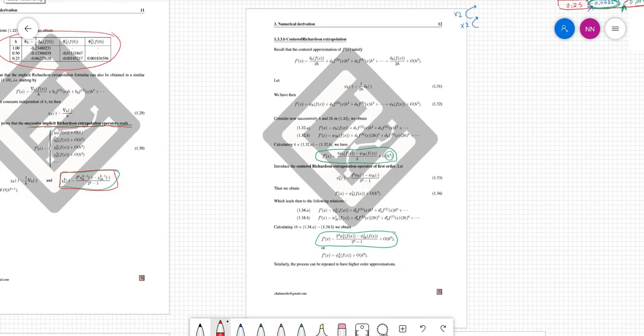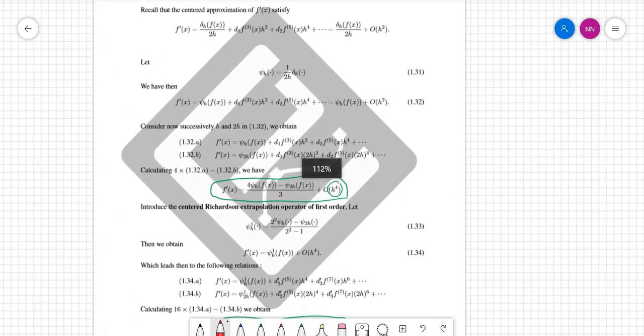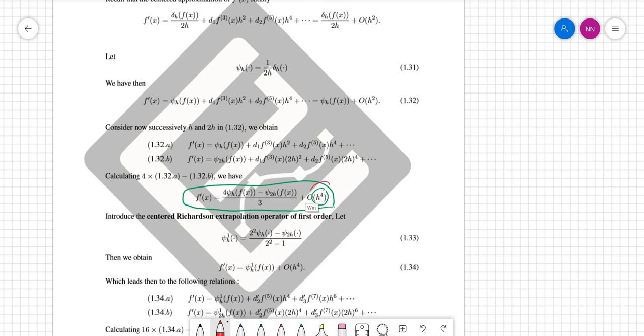It's the same procedure, but it will give higher orders, as you may see in here, because originally the centered approximation has a higher order than the explicit and the implicit one.